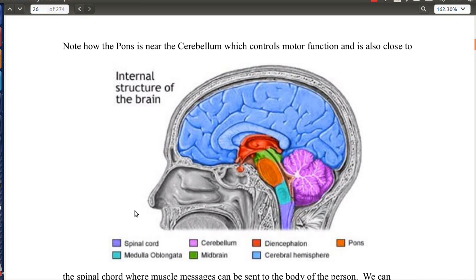If you're a medical person, this is all pretty obvious stuff. If you're maybe a computer science person, maybe not so obvious. So this is the newer part of the brain. This is the older part of the brain, and this has evolved over time. So this is the thalamus here.